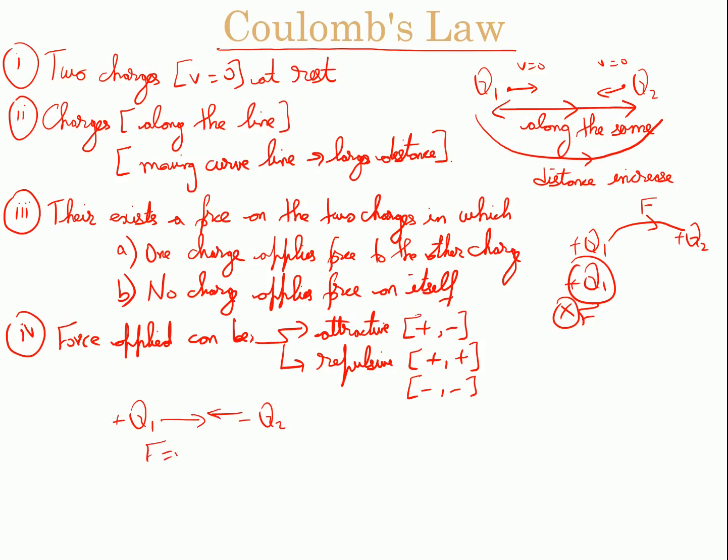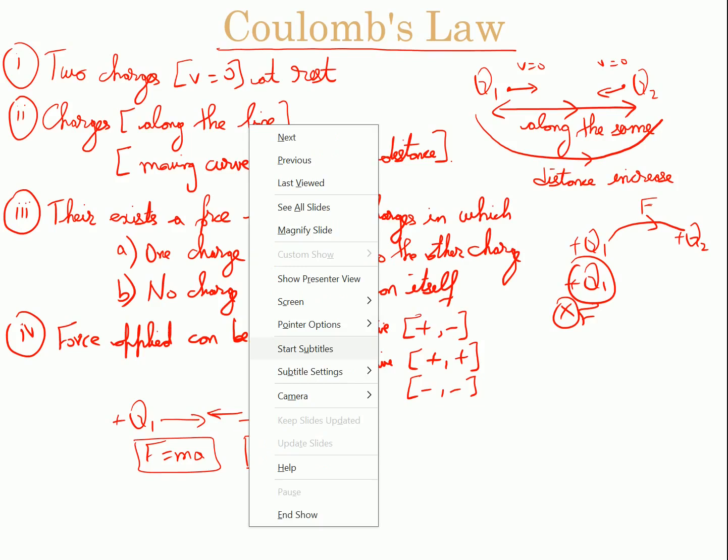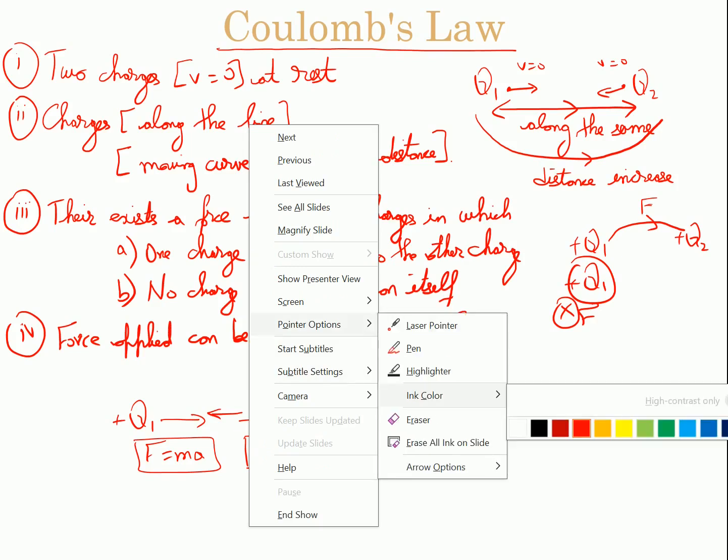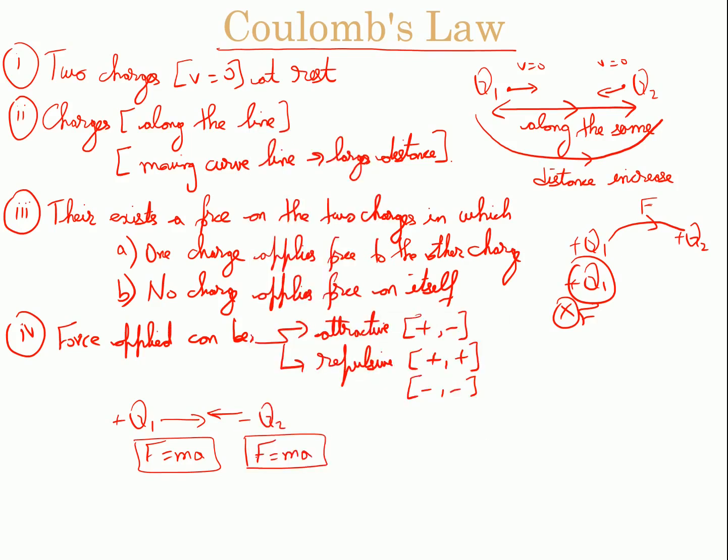We know that the mathematical representation of these two charges can be represented by the equation of force, which relies on mass into acceleration. Thus the overall equation presented between these two charges by Coulomb was that the force existing between two charges is proportional to q1 and q2, and inversely to the distance between them, r square.